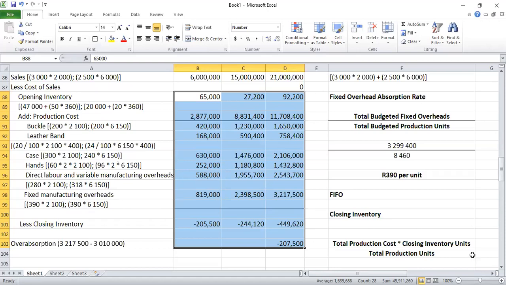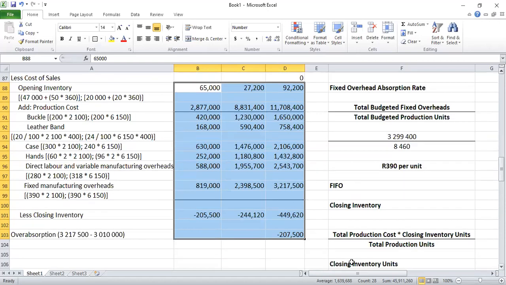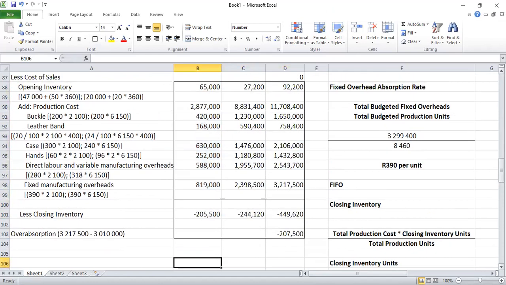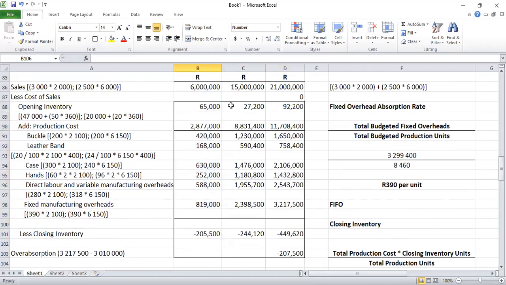Then we can get our cost of sales. This plus, let me just open the bracket because I would like it to be negative.